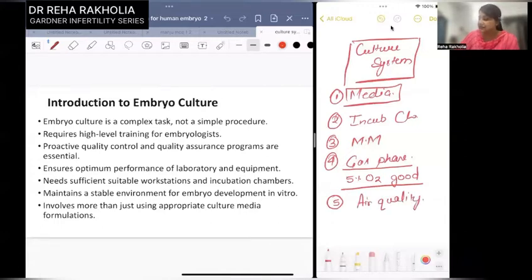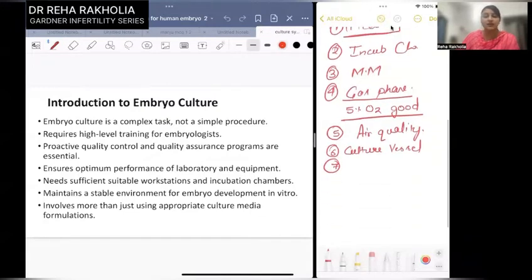Sixth is culture vessel, in which we are culturing. Seventh is media overlay. Oil overlay is there, which we apply over the media. Like this is the media, and this is the oil overlay, so that volatile substances don't get evaporated.